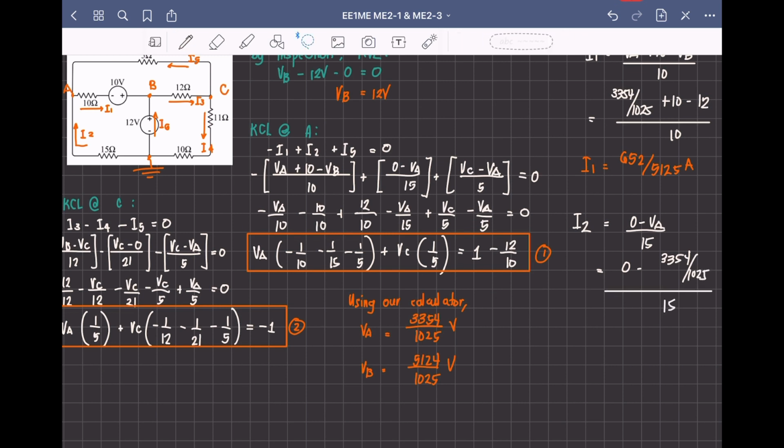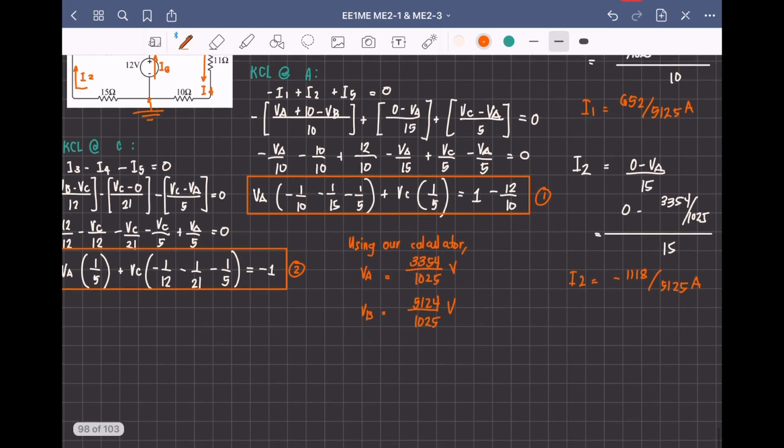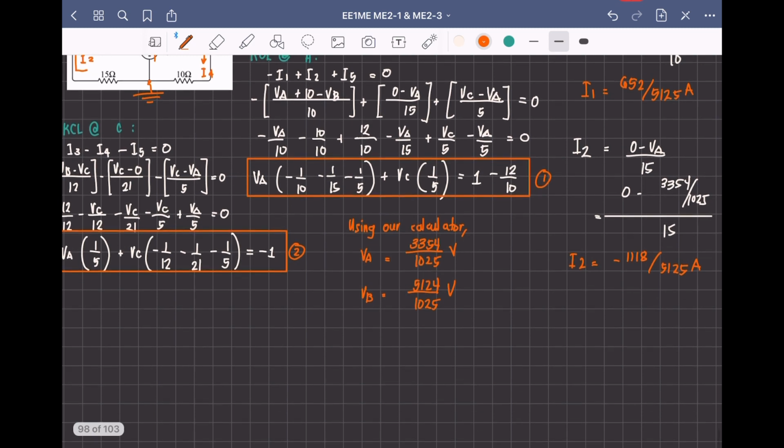Let me move the equal sign here in the main fraction bar. And then using your calculator, you'll be able to get that I2 is equivalent to the negative of 1118 over 5125 amperes.